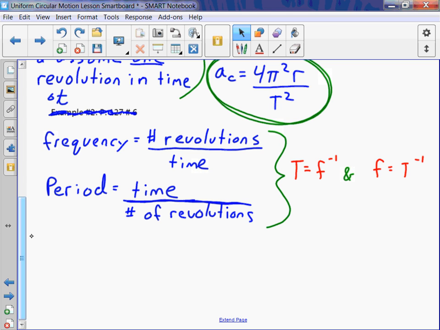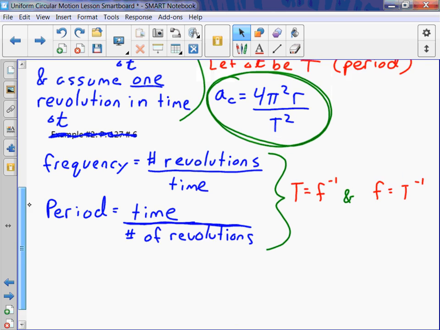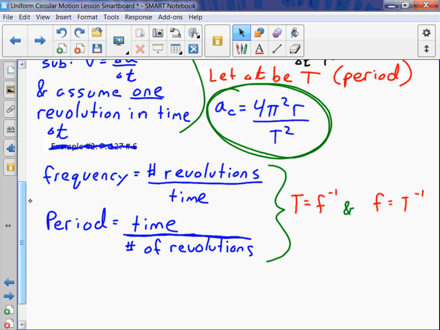But the period is the time divided by the number of revolutions. How long does one revolution actually take? Okay, and those two terms are just reciprocal values of each other. So knowing that, we can express centripetal acceleration the third way using frequency instead of period.